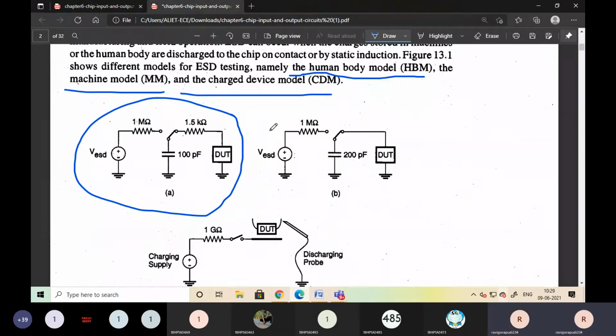That is why in IC manufacturing they wear separate dresses or suits. IC failure is mainly due to discharging. Physical defects are there, and internal defects are also there.